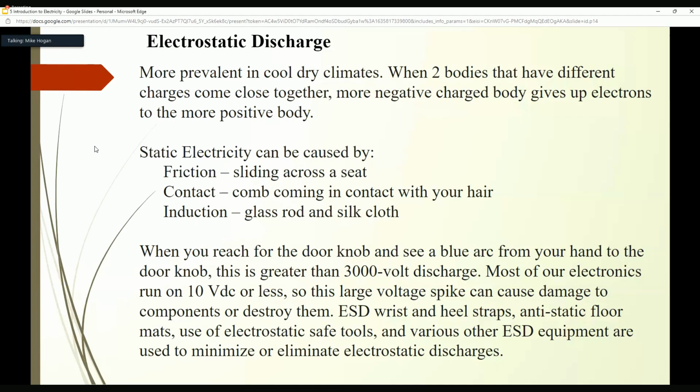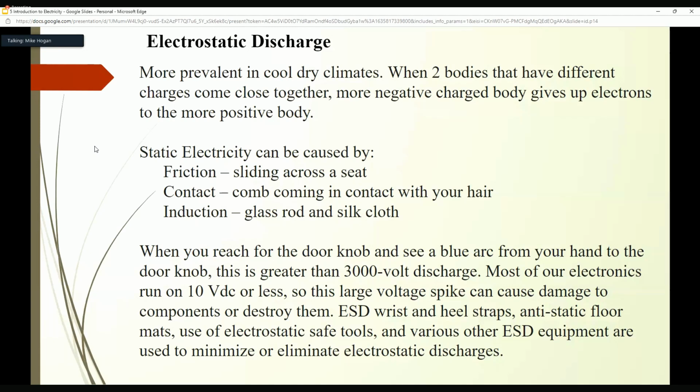Basically, what we have to worry about in terms of electrostatic discharge is that when we start working with some of these components, we take precautions to avoid any charge buildup.